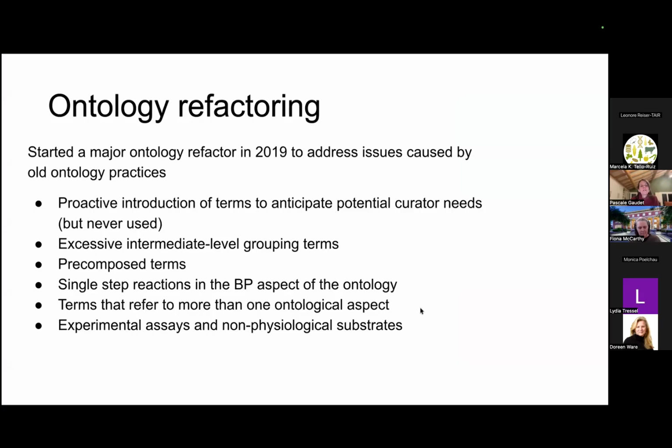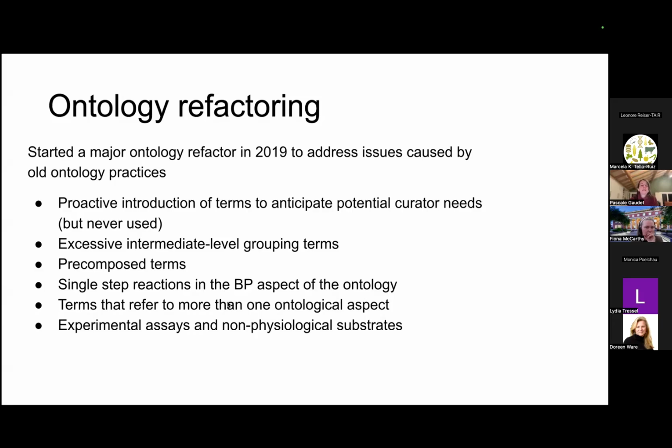So we started a massive ontology refactoring in 2019 to also address the issue that the ontology had been growing since the early 2000s. There were some old practices we had, to try to grow rapidly and address the needs that people had or might have in the future.